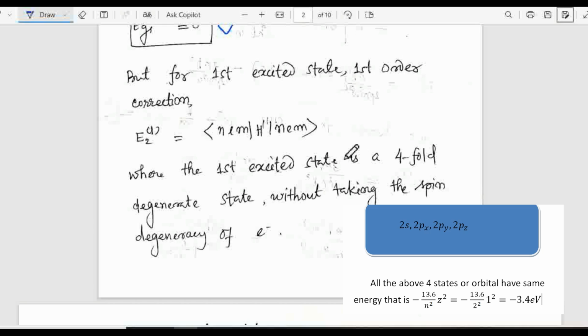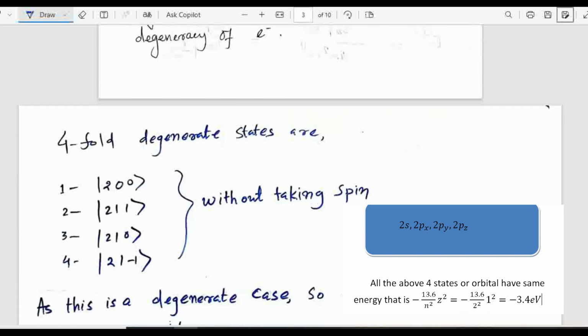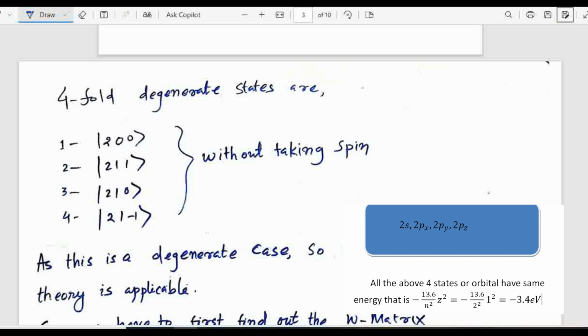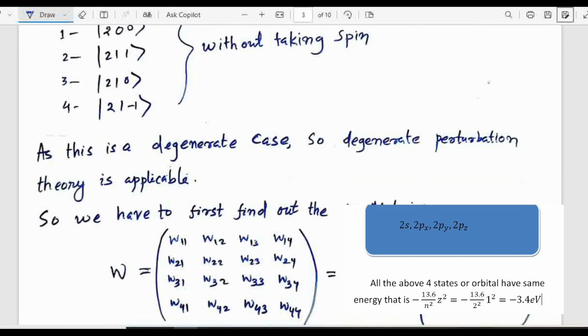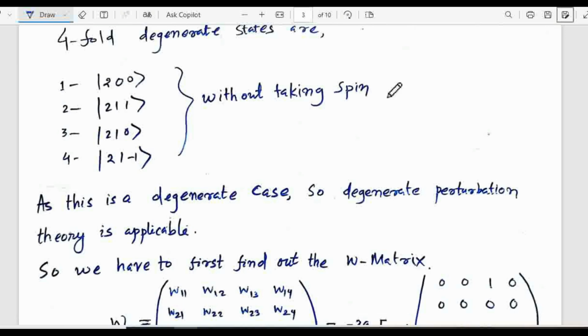So these four-fold degenerate states have the same energy, but the states are different. Such states are known as degenerate states. So for degenerate states, we have to apply degenerate perturbation theory, and for this, these are the four states.